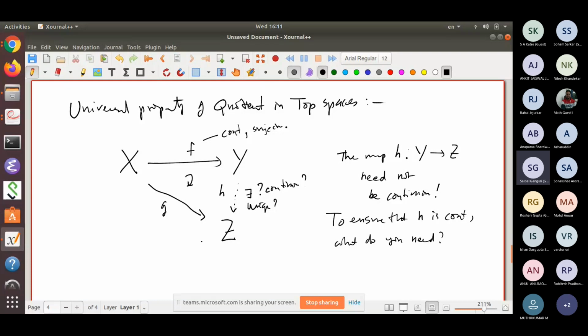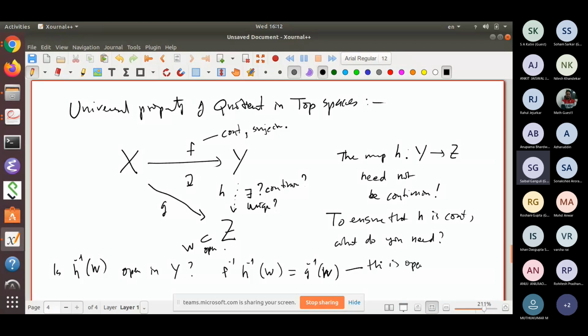See, if there is some open subset W here, suppose this is open, then I want to know whether H inverse W is open in Y. And what is F inverse of H inverse of W? Equal to G inverse W. This is open in X as G is continuous.